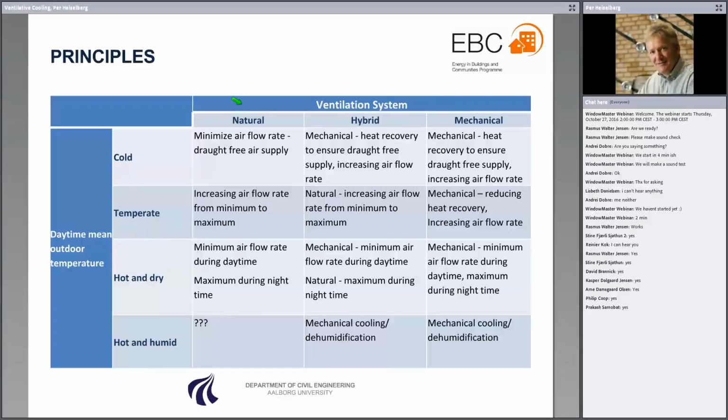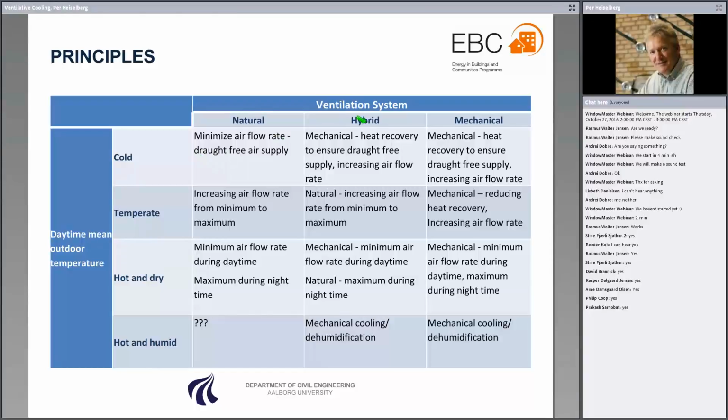And then if you look in the table, you could see our suggestion to apply different types of systems depending on the outdoor temperature. So if you have a cold environment and you have a natural driving force, then of course you should minimize the airflow rate and ensure to have a draft-free air supply.